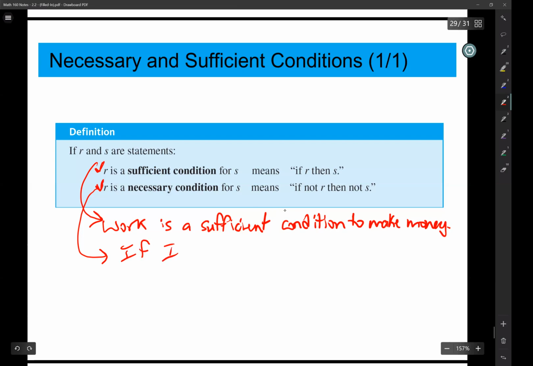All right, let's do this one with R and S here. Should that be easier? So if R then S, so that was if I work, I make money. So that would say if I don't work, then I don't make money.